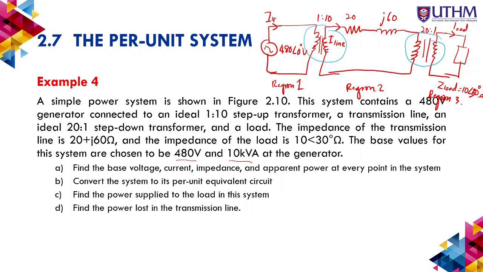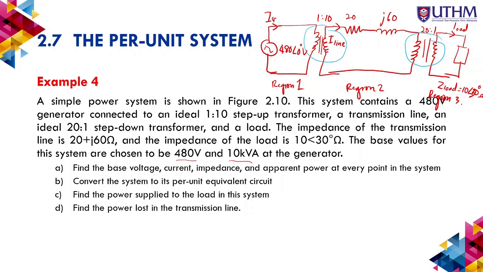And then it says convert the system to its per unit equivalent circuit. To convert a power system to a per unit system, each component must be divided by its base value and its region of the system.